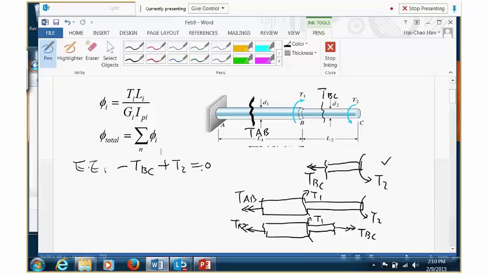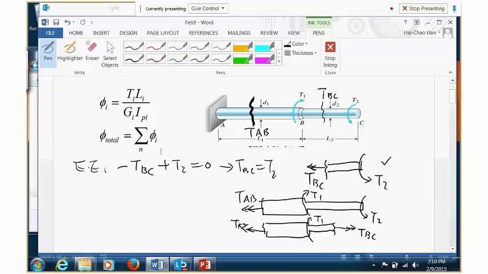Now what's TBC? It equals T2. T1 and T2 are the loads. You can give any value you want, say one is 10, one is 5, one is 8. But we can find TBC from here. So this will give us TBC equals T2.